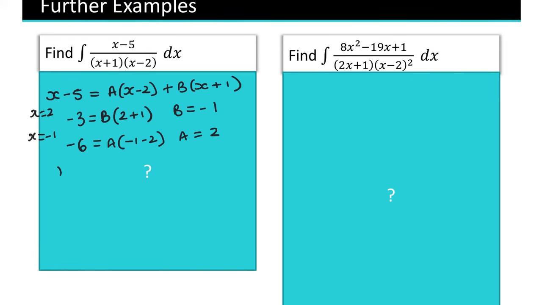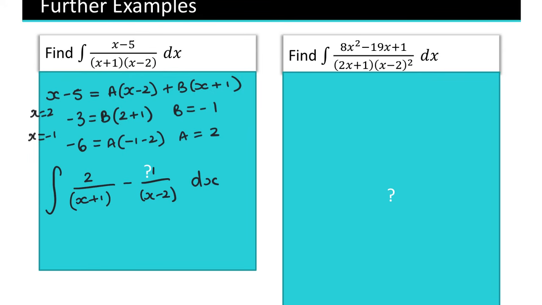So now I'm going to find the integral of 2 over x plus 1 minus 1 over x minus 2 with respect to x.